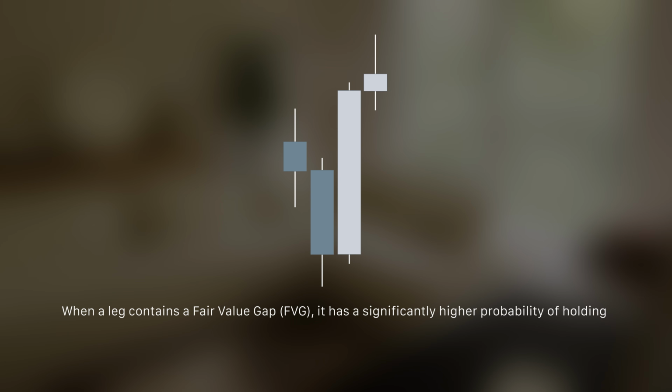And this is where it gets interesting, because according to my data and what I discovered years ago, when a leg has a fair value gap in it, it has a significantly higher percentage of actually holding. And holding meaning that it continues in the direction of the fair value gap. So it's a bullish fair value gap, a bullish leg. That means we can continue higher.